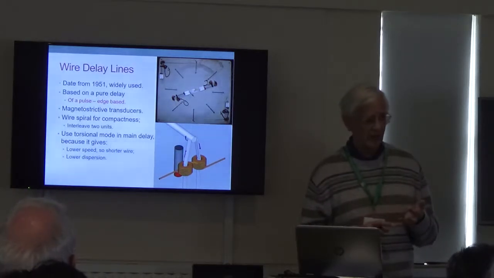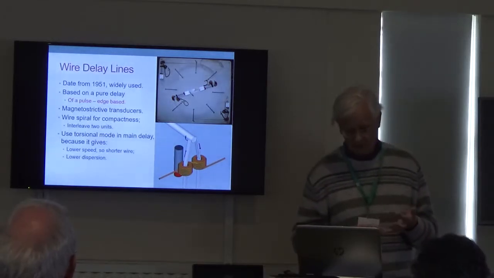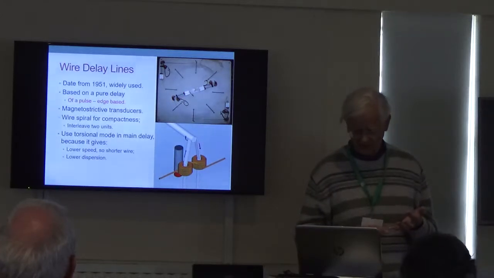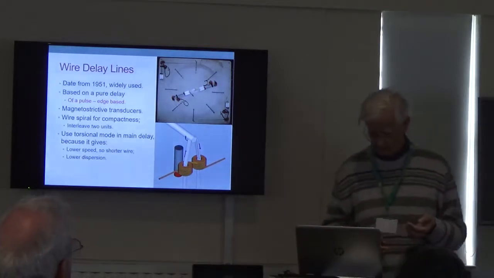Firstly, it's a bit slower, so you don't need so much wire. Still more than if you had mercury, but less than if you take it directly. And you get less dispersion in the torsional pulse, so you get a cleaner pulse out of the end.